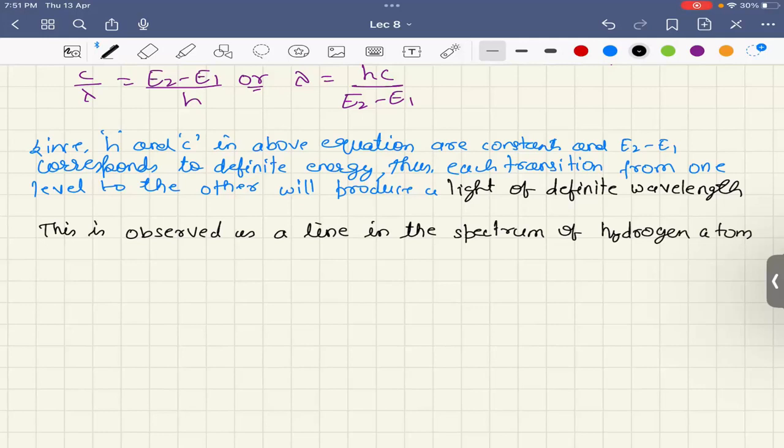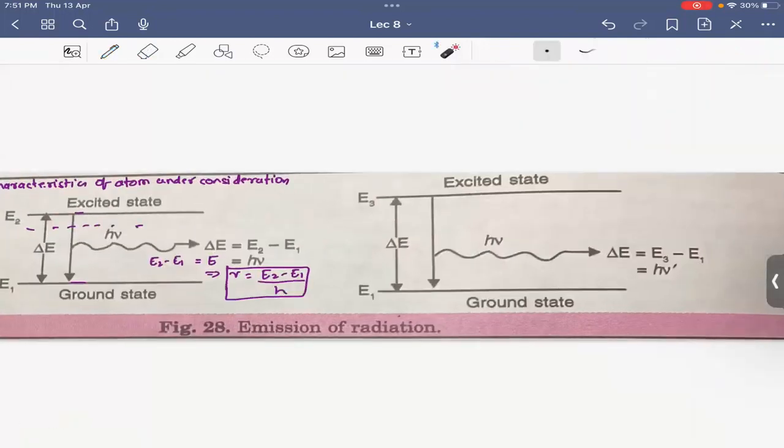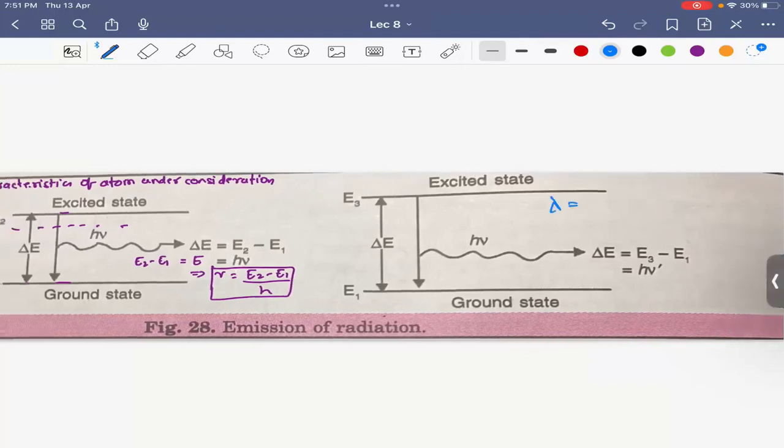Now, let's say for example, here is the figure. If the electron jumps down from the third energy level to the first energy level, having energies E3 and E1, then the wavelength of the emitted radiation, lambda dash, would be hc divided by E3 minus E1.